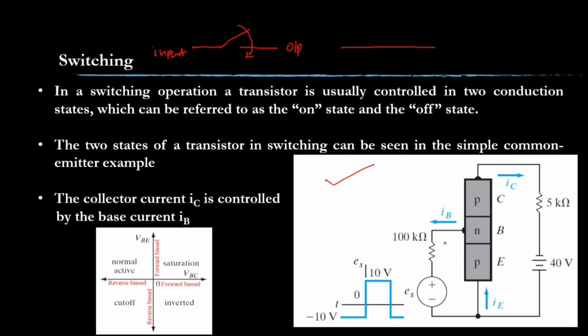This is the emitter, base and collector. Here you can see the emitter is common for base and collector. What does it mean, common?